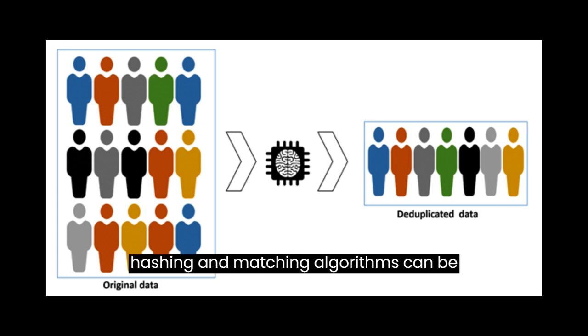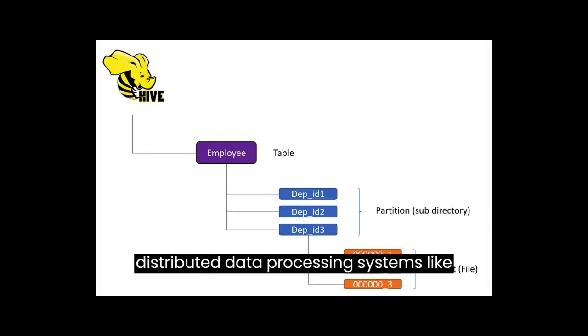Techniques such as hashing and matching algorithms can be used to identify and remove duplicates. Data partitioning and bucketing. In distributed data processing systems like Hadoop or Spark, data may be partitioned or bucketed to optimize query performance. This involves dividing large datasets into smaller, manageable chunks.